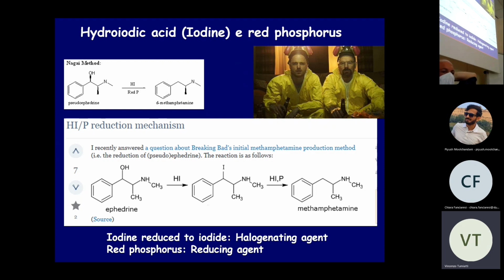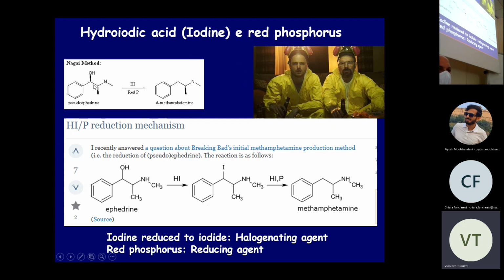To synthesize this drug, people use the same reaction that perhaps you have seen in this movie by these two guys.